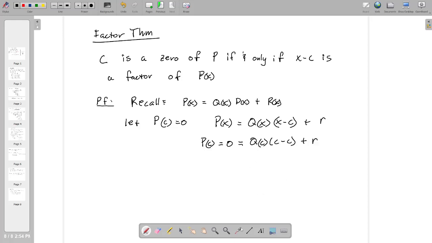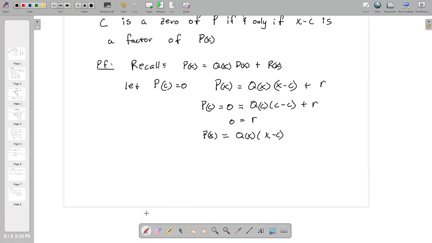Now q of c can be anything because c minus c is 0, so this entire term will be 0. So we have 0 plus r is r, and we have a 0 here. So now we can see that r is equal to 0, which we then can amend our p of x to be equal to q of x times x minus c. So this means that p of x can be factored into some polynomial q of x times x minus c. This means that x minus c is in fact a factor of p of x.